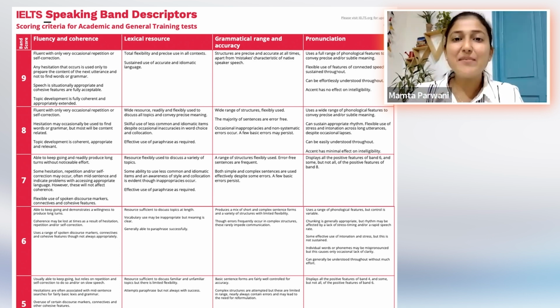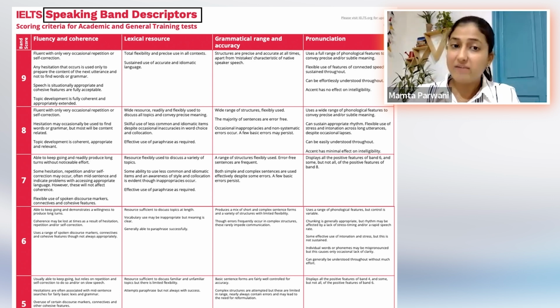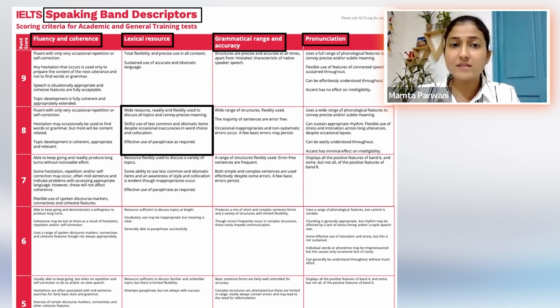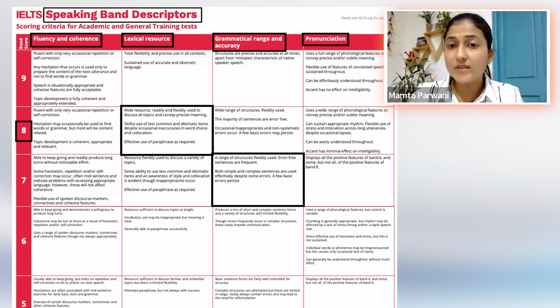Okay, so here are the band descriptors of speaking. Again, we have 4 criteria: fluency and coherence, lexical resource, grammatical range and accuracy, and pronunciation. So here also, what do we have? The descriptions given for separate band scores. If your answer matches with this description, you get 8 for lexical resource. If your speaking matches with this description, you get 7, right?